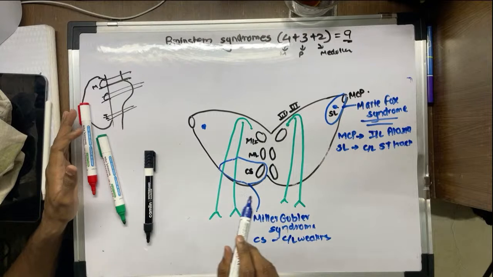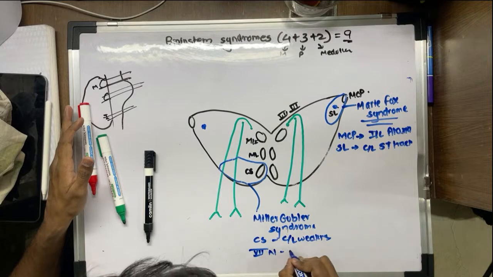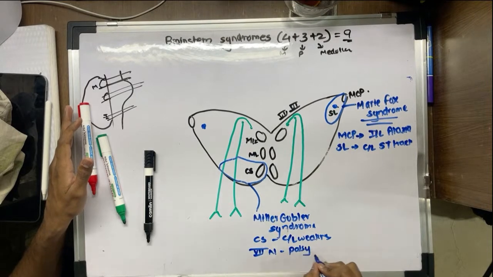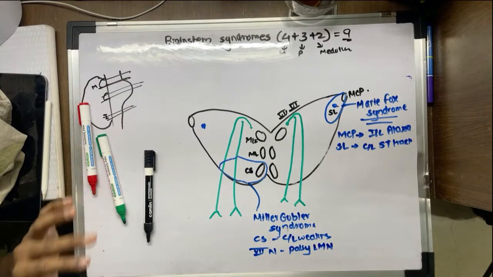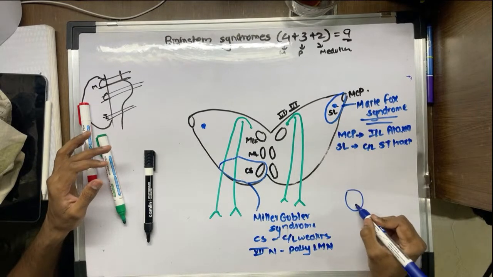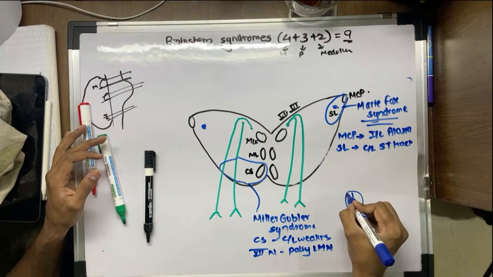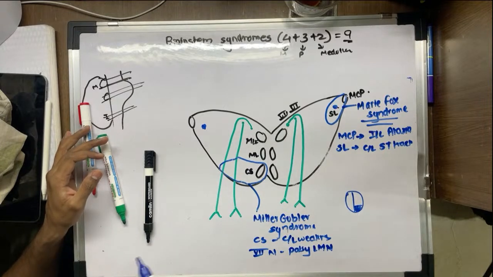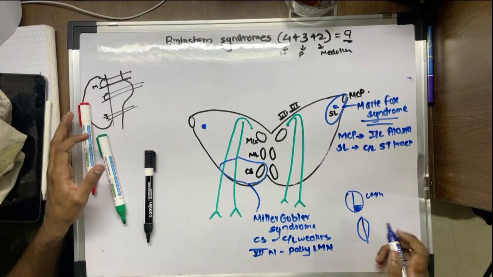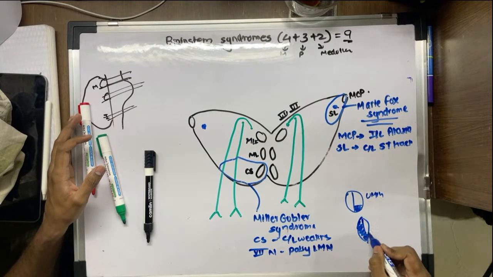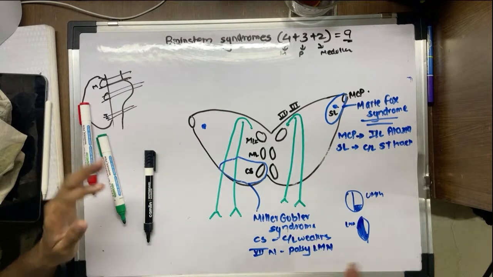The 7th nerve and 6th nerve are involved, and 7th nerve involvement will lead to palsy, but this palsy will be of the LMN type. Upper motor neuron palsy involves only the lower half of the face. If this side of the facial nerve is involved, it will lead to palsy only of the lower quadrant in UMN, and in LMN it leads to palsy of the entire face on this side. So LMN is more severe than UMN in this case.